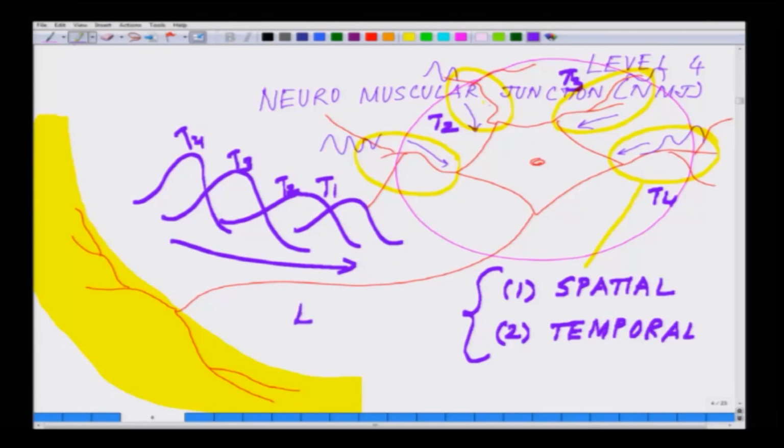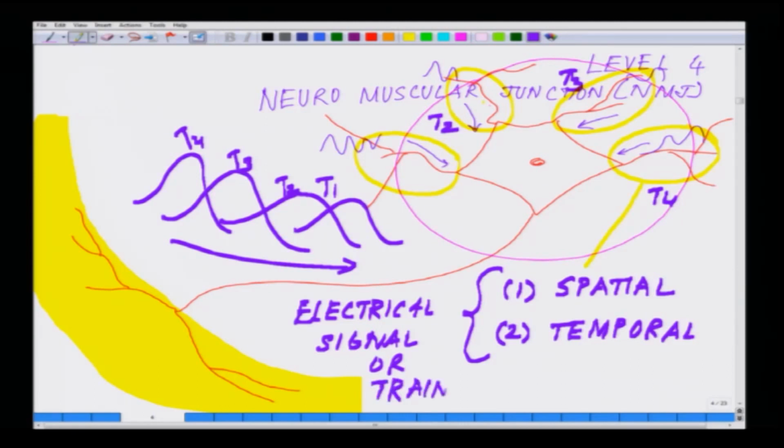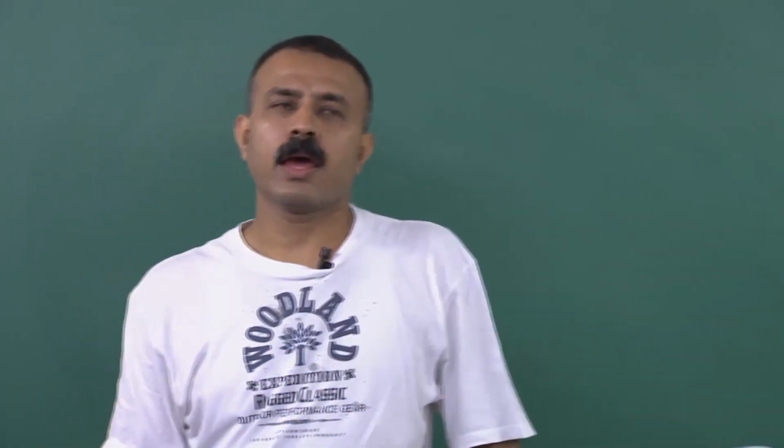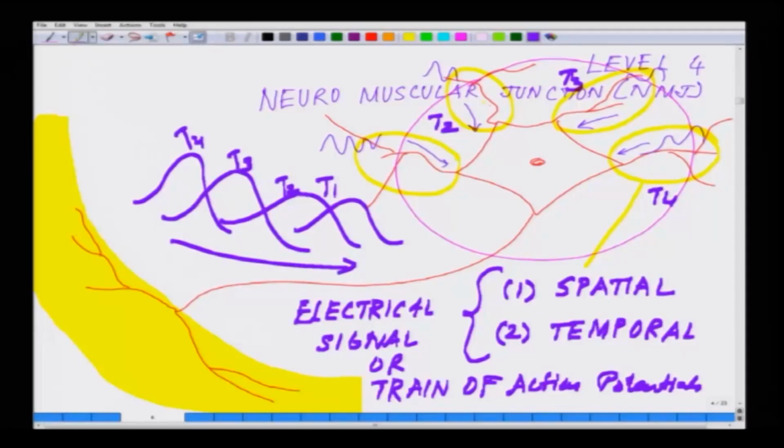So, in other words, the electrical signals, or you can call them the train of action potentials, which are arriving at the motor neuron are spatio-temporal. They are spatial as well as temporal in nature. Then this motor neuron, what it does, it is just like a computer out here. Okay?